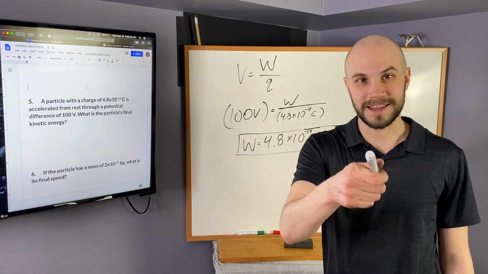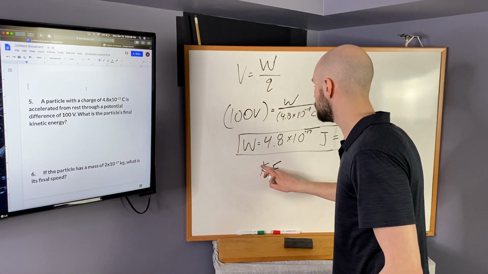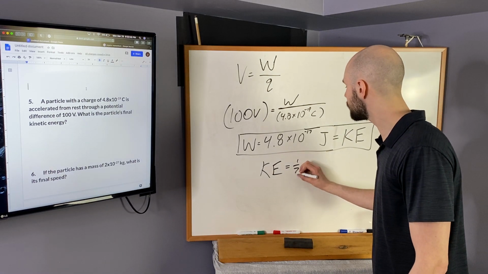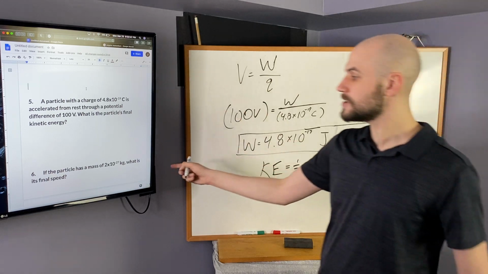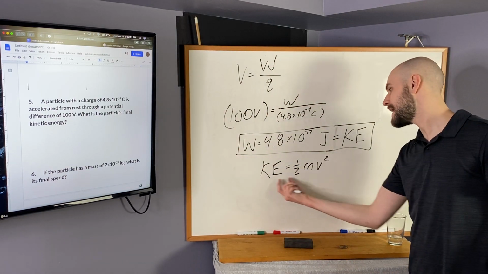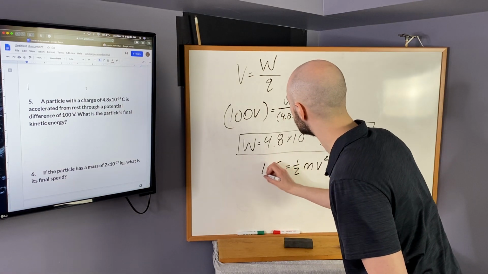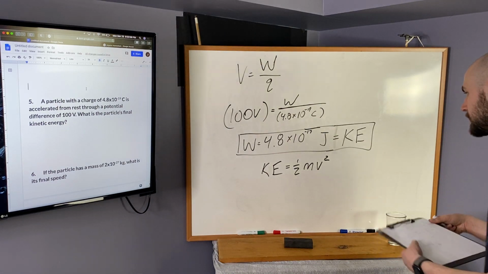Okay, thinking back to energy, you should know that kinetic energy is equal to 1/2 mv squared. We know the kinetic energy that gave us the mass. You should remember that this is our equation for kinetic energy. We can use kinetic energy to find speed. That v is speed.